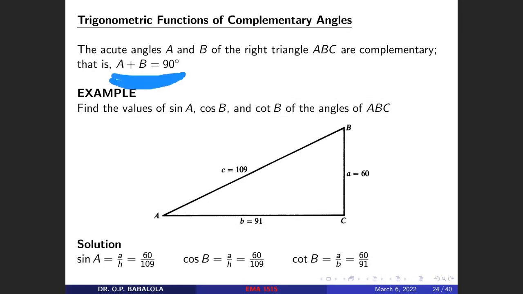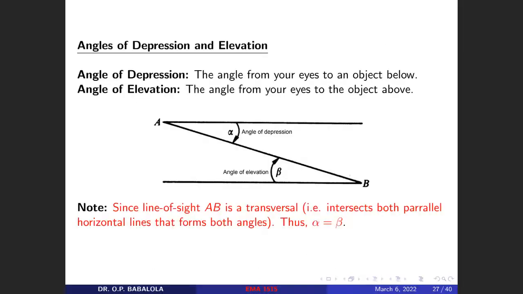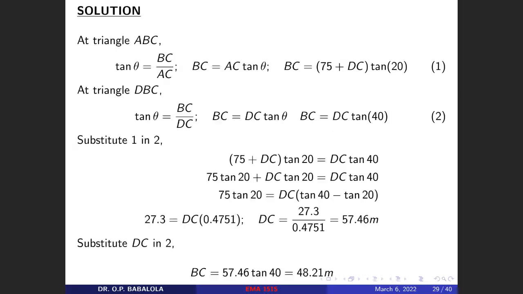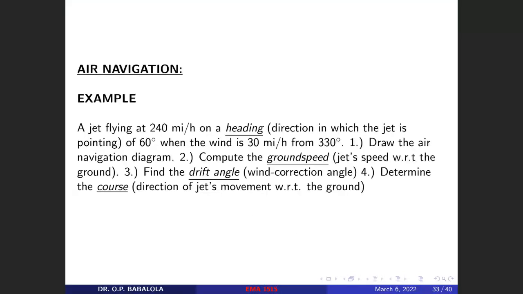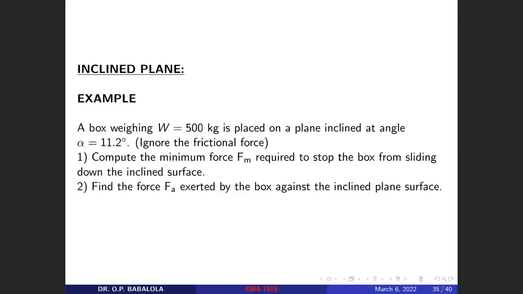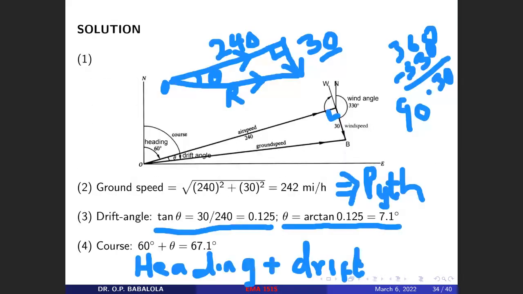So we have said this is an acute angle. So depending on the angle that is given, if the angle given is not 60 degrees, then you don't say it's 60 degrees.